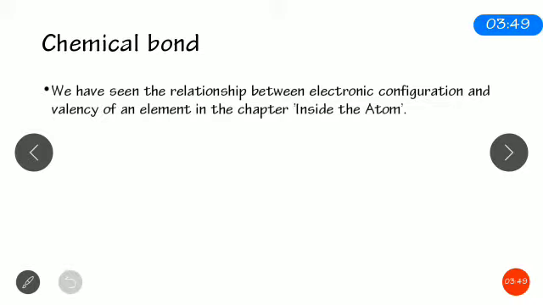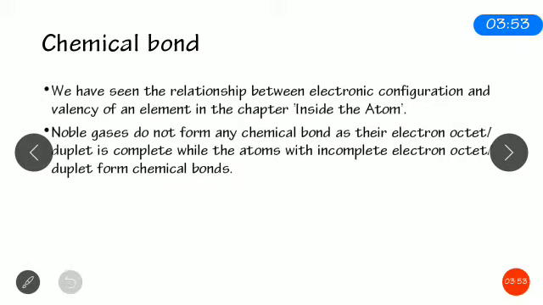Valency of an element, in the chapter inside the atom, we have already studied this chapter, so you have to again revise it. Noble gases do not form any chemical bond as their electron octet or duplet is complete, while the atoms with incomplete electron octet or duplet form chemical bonds. Noble gases have a complete octet in the outermost shell, yani ki 8 electrons are present in the outermost shell.